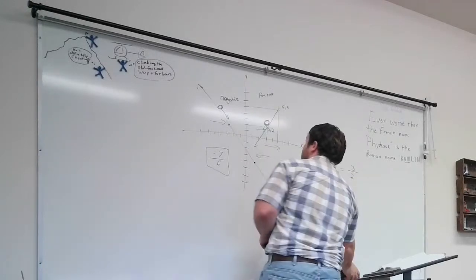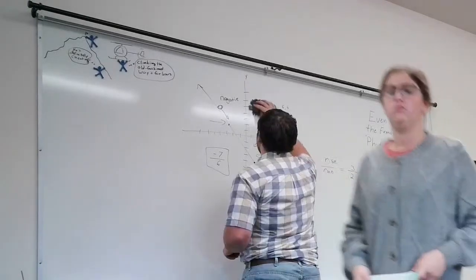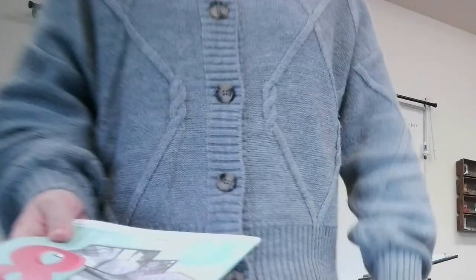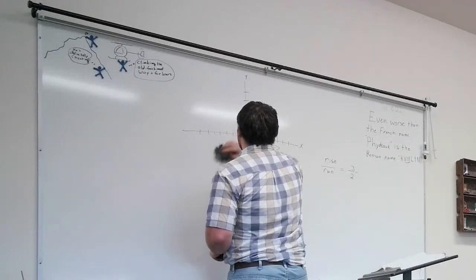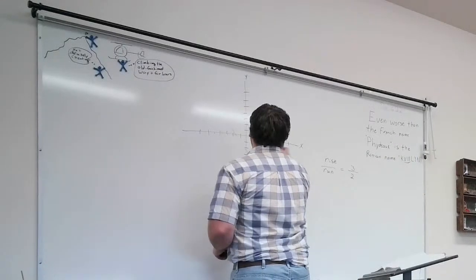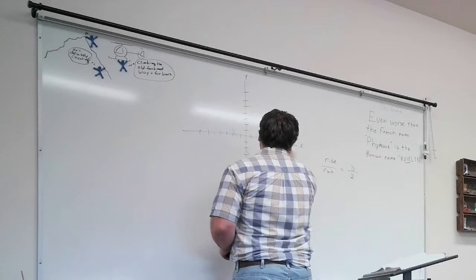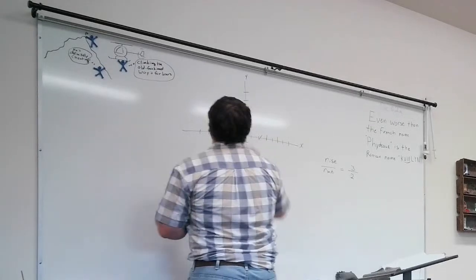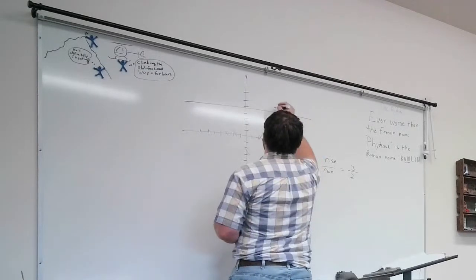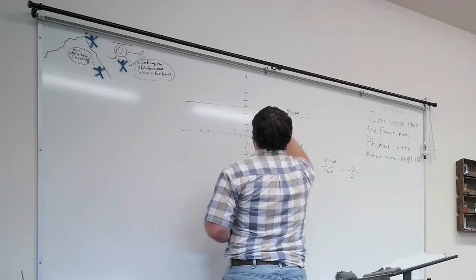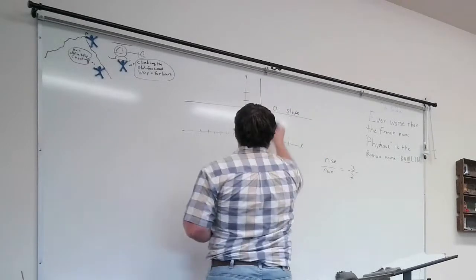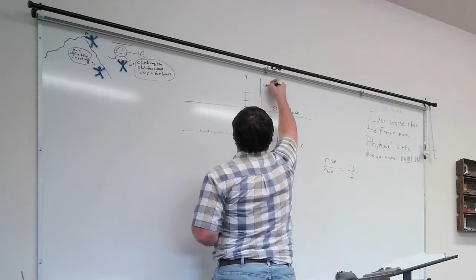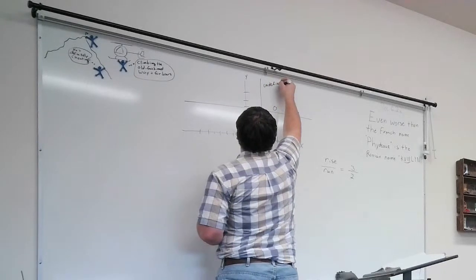All right. There's also a zero slope. And there's a difference between a zero and an undefined slope. In that a zero slope simply is parallel to the x-axis, right? So here's a zero slope. And here, we would call this an undefined slope.